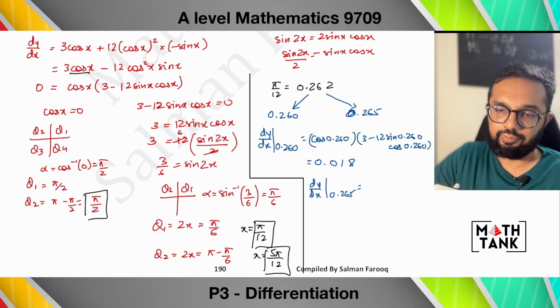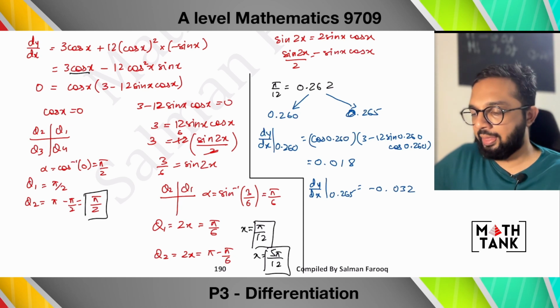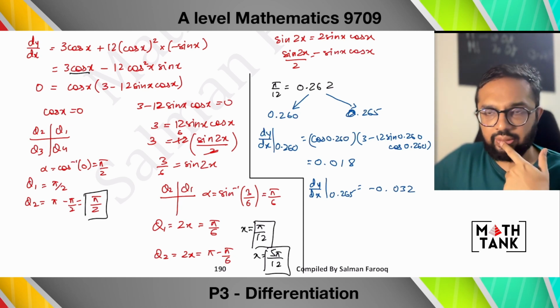So cos of 0.265. And that gives me minus 0.032. I've done 0.260 and 0.265.